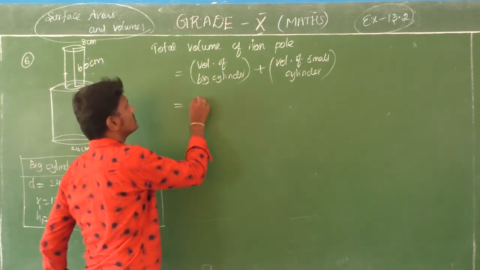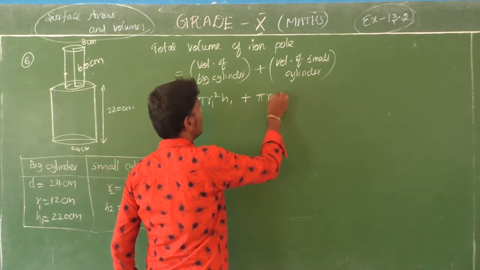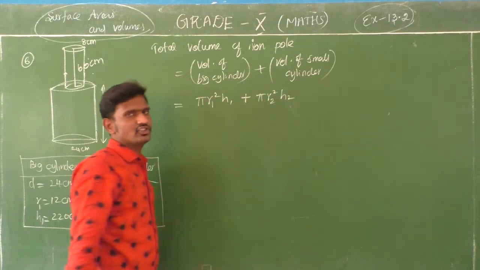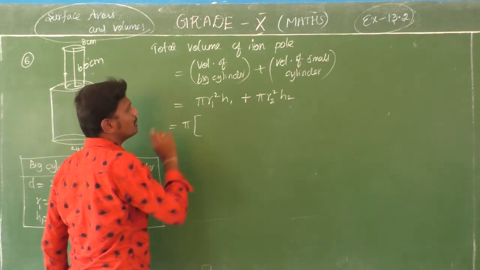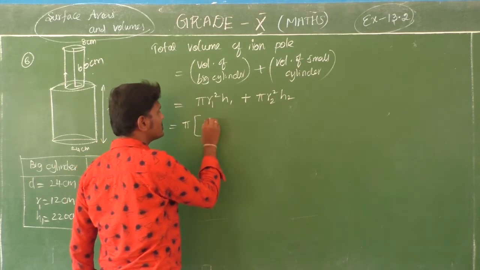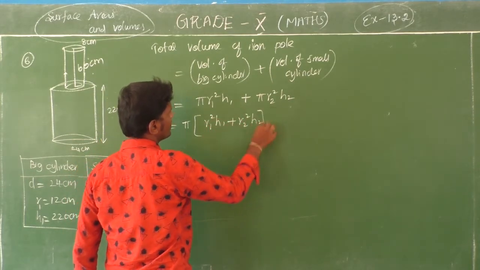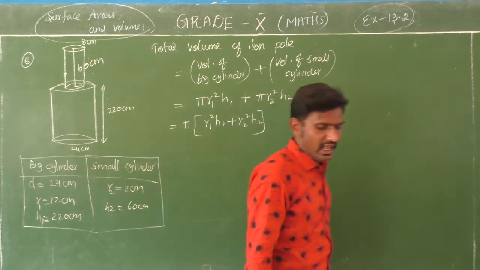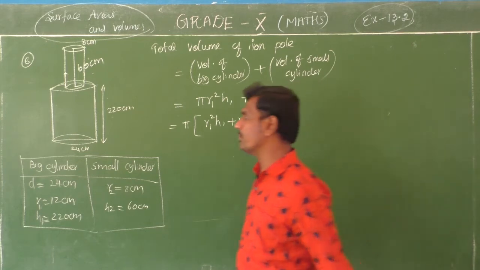Now I am going to substitute: pi r1 square h1 plus pi r2 square h2. Taking pi common on both terms, we get pi times r1 square h1 plus r2 square h2. Got it, children? Look at the question: they have already given to use pi equal to 3.14.